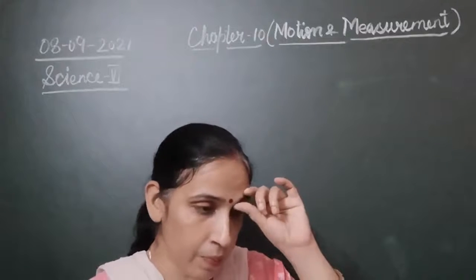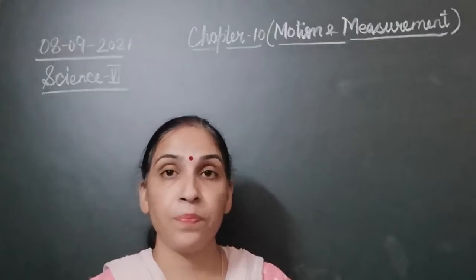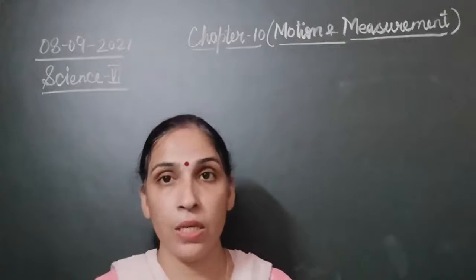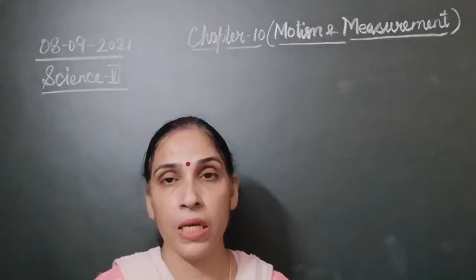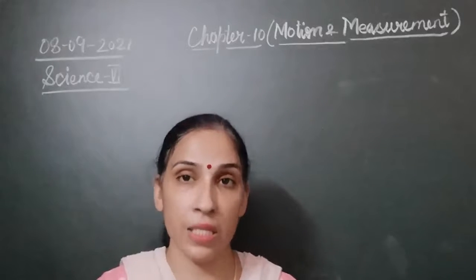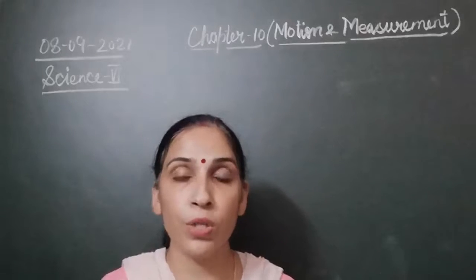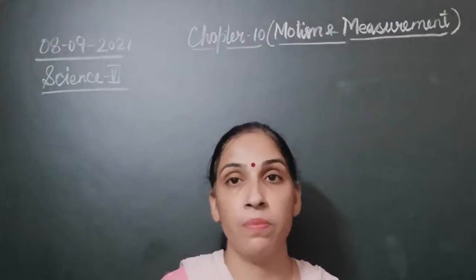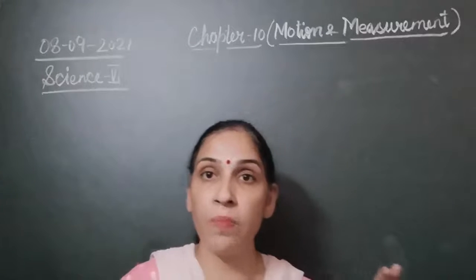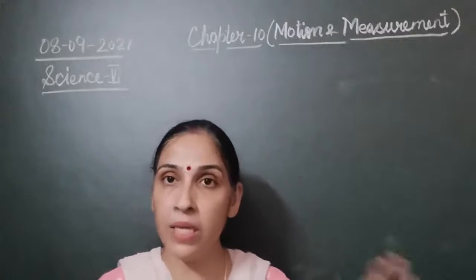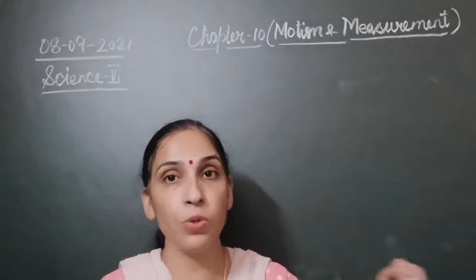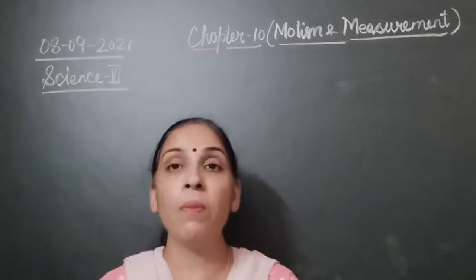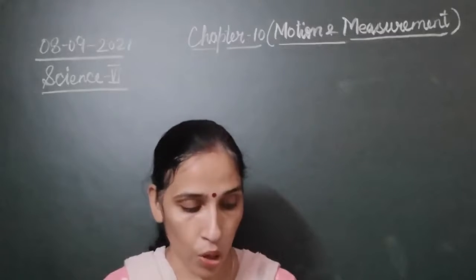Now what if I say give 100 ml of milk to each child, and I'll give you different glasses. How will you find out that you are giving 100 ml of milk to all of them? You need to measure that quantity of milk, then only you will find that you are giving an equal amount of milk to all.